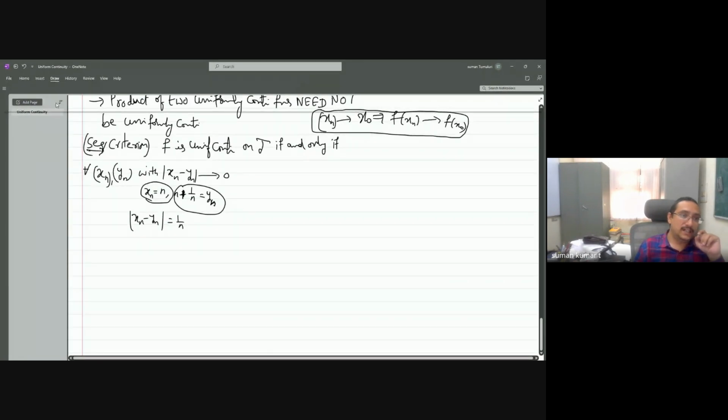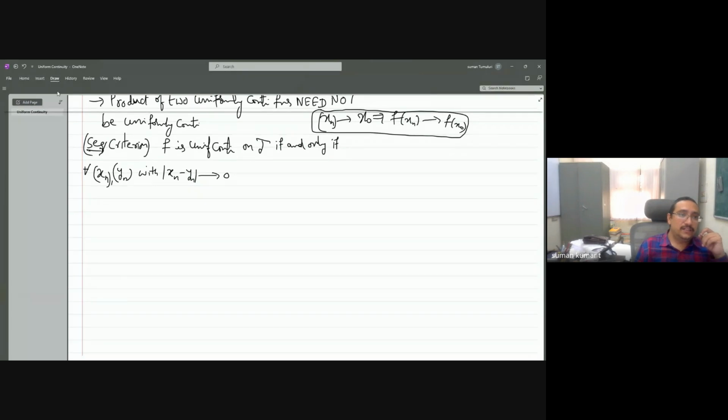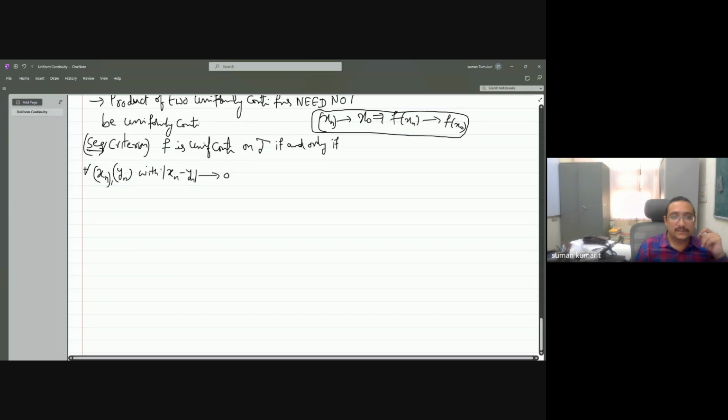What is it that I want? I want two sequences with the property that the difference xn minus yn should tend to 0.